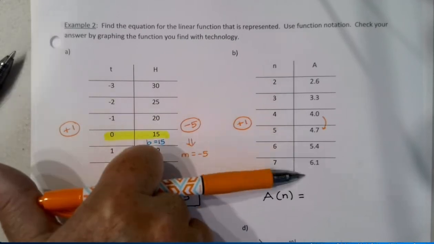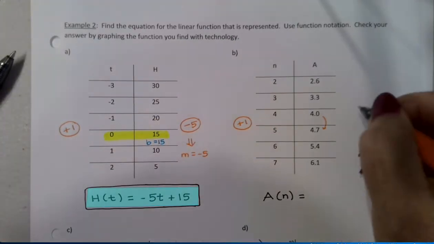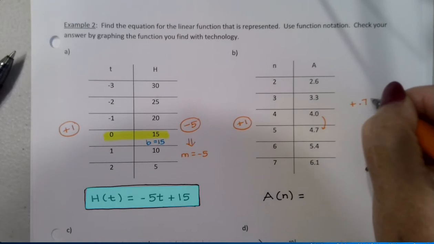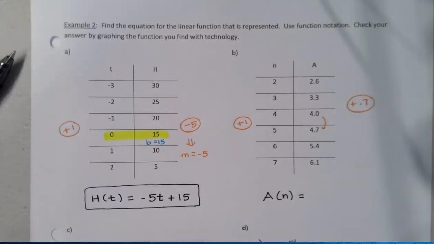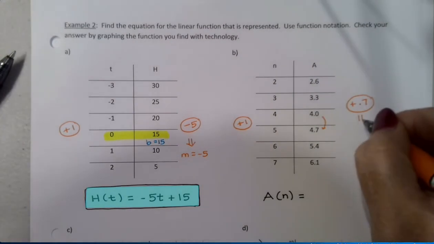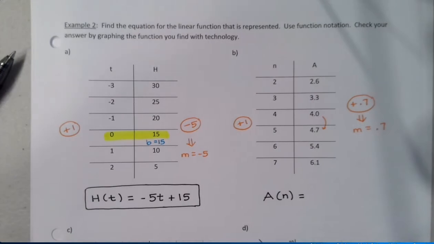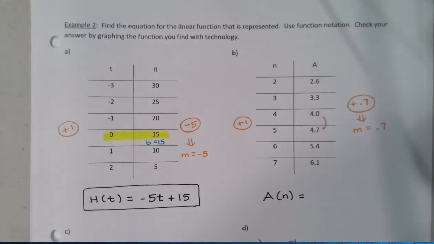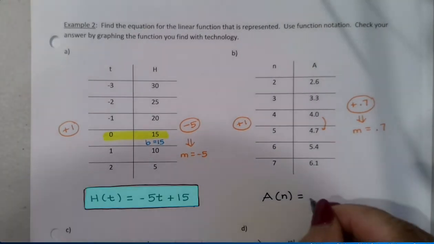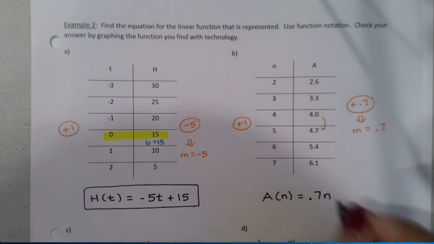It does indeed look like we are adding 0.7 each time. So 0.7 is our constant rate of change, or our slope. So I could start right away and say a of n would be 0.7 times n.